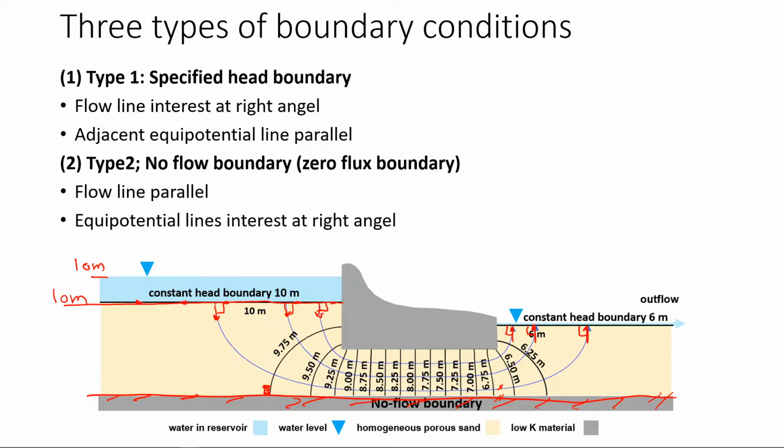You see here, this is the equipotential line, and these are at a right angle. All of this is a no flow boundary, and the equipotential line is at a right angle here. That's how you draw these.